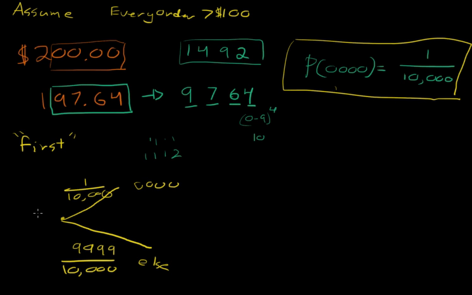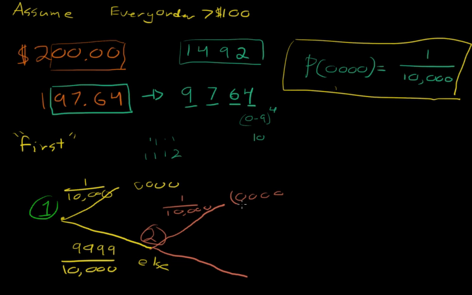Okay? So this is just your first try. I can label that first attempt. And then if you get it on your first try, you'll stop. But if you don't get it on the first try, you may keep going. And then on this try, you have the same probability, it's just extended. On this second try, or this second order, you have a 1 over 10,000 probability of getting 0000.